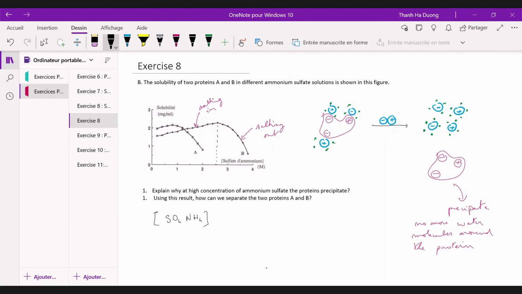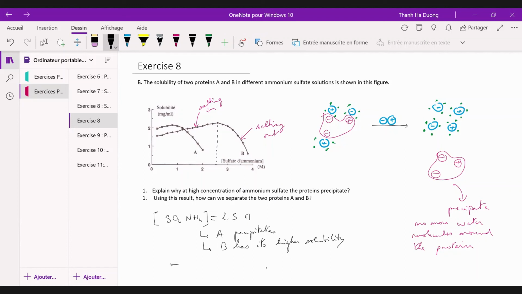So, for example, if I put ammonium sulfate at 2.5 molar, A will precipitate and B has a higher solubility concentration.